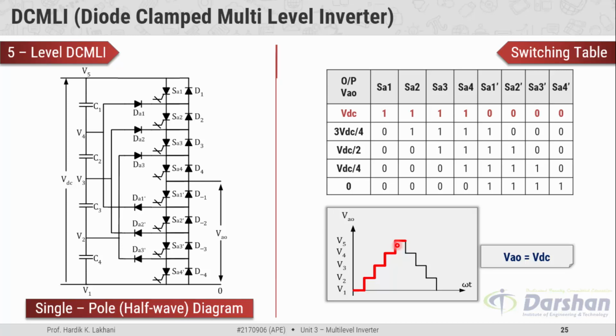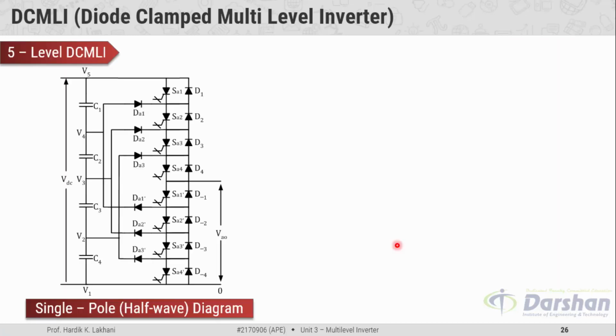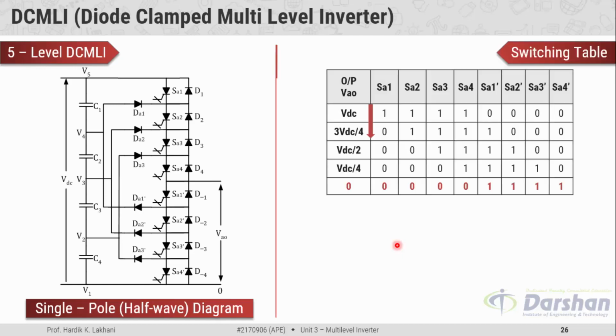Now to complete the half cycle, we have to reduce the magnitude step by step from maximum value towards zero magnitude. And that can be done by executing the switching table in the reverse manner.